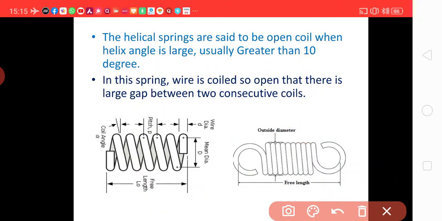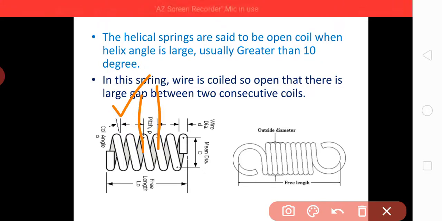These are the various terms used in the spring, that is, this is the helix angle, this is the pitch. What is pitch? Usually you know the cricket pitch, that is 3 stumps that side and after 22 yards the 3 stumps that side.